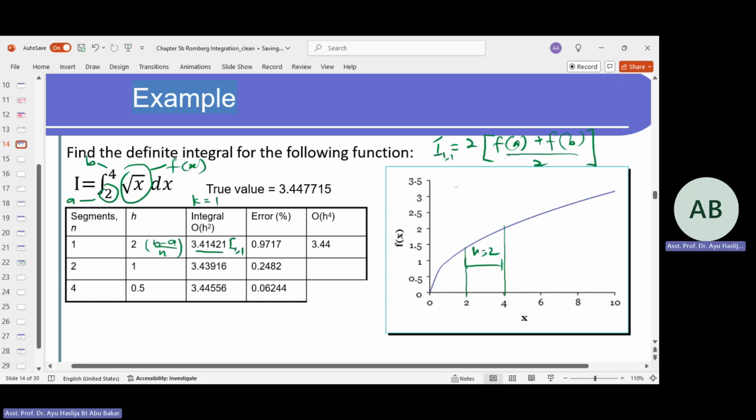Your f(a) uses this function, then plus f(b), substituting your values into the function.